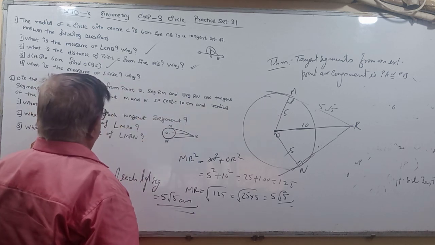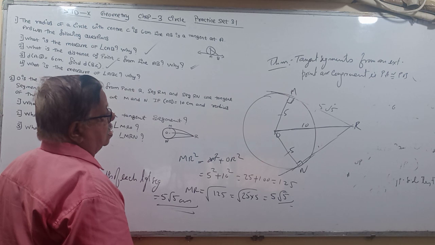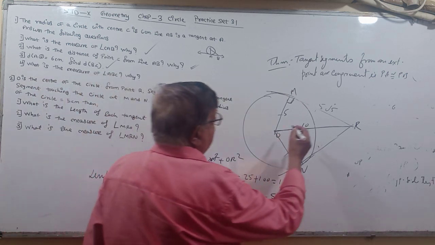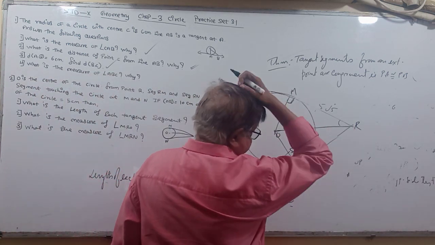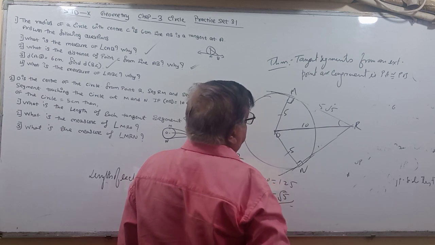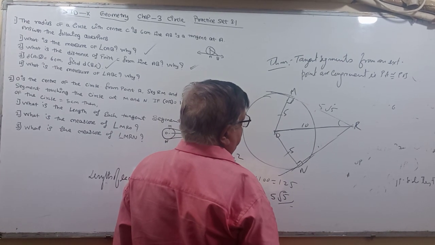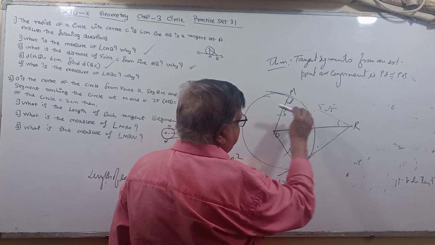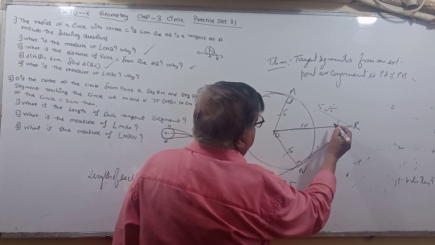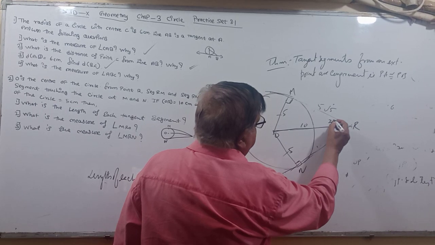What is the measure of the angle MRO? How much is this angle MRO? This can be done in two methods. Converse of 30-60-90 theorem. If this side is half the hypotenuse, this angle is equal to 30 degrees.